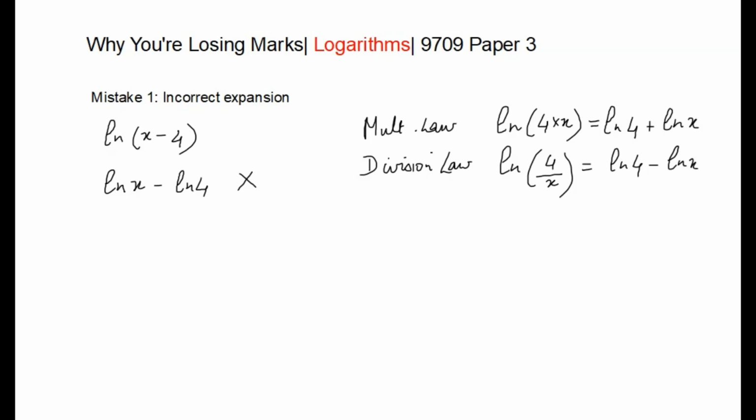But the example here that we see is log of (x - 4). So it is neither multiplication nor division, and therefore the log laws don't apply here. And this is the first of the mistakes that students make when they are trying to apply log rules to logarithm questions.